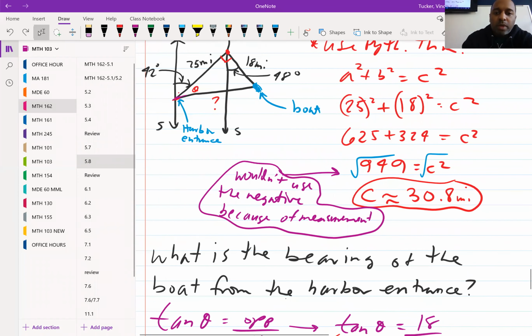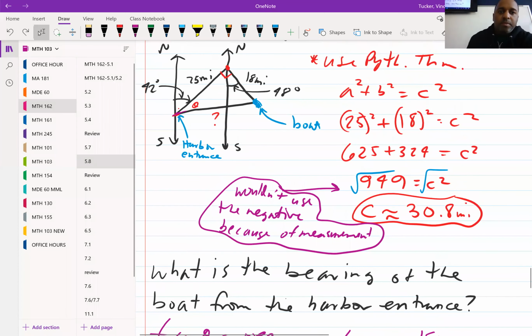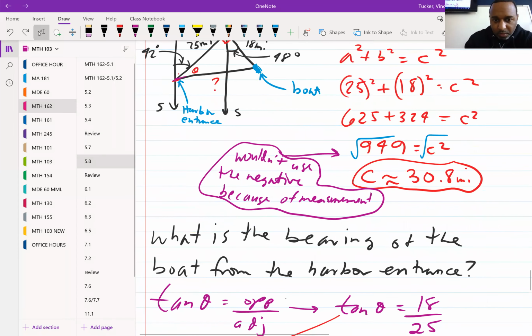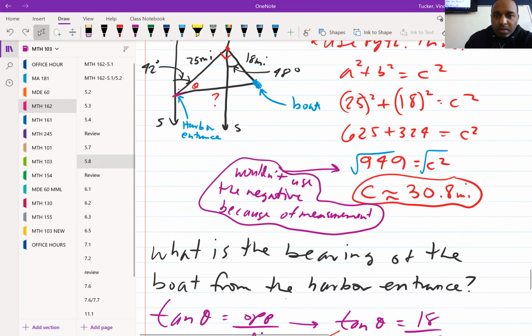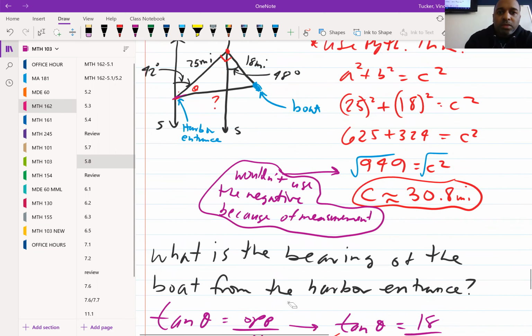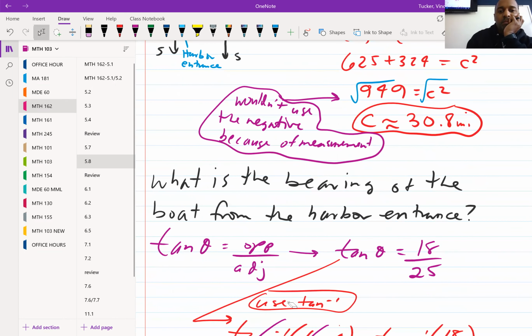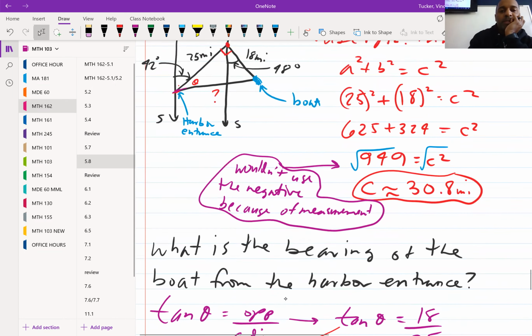All right, so what is the bearing of the boat from the harbor entrance? Talking about this angle right here, because that's where the harbor entrance is.